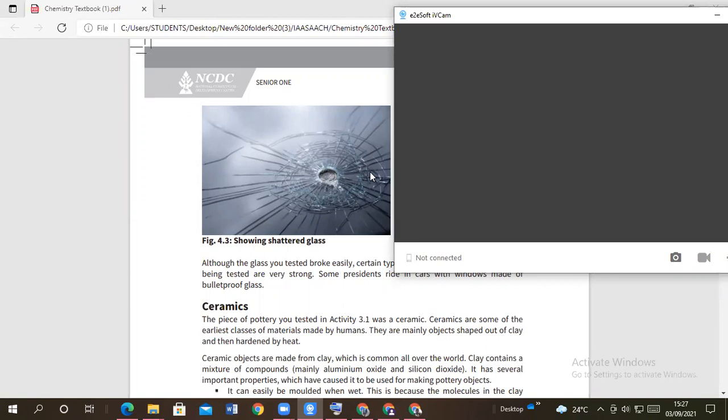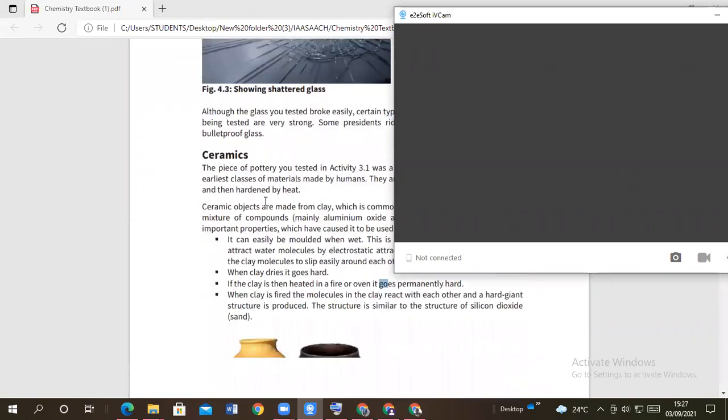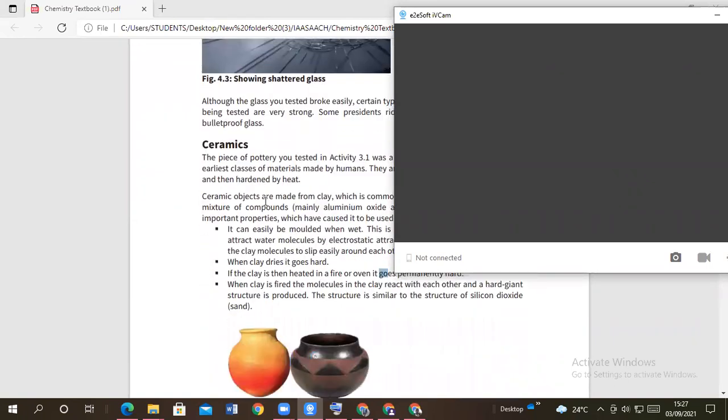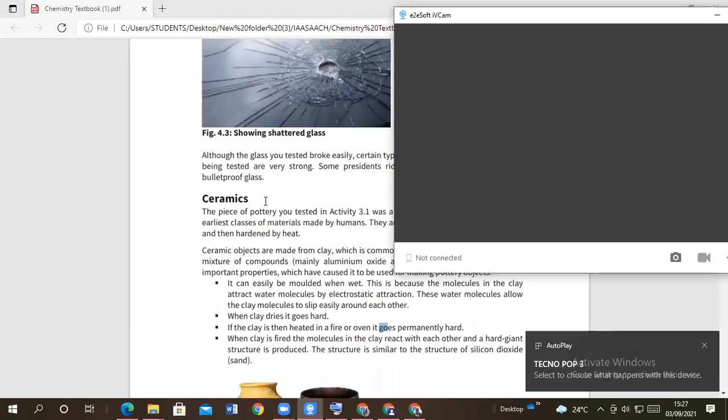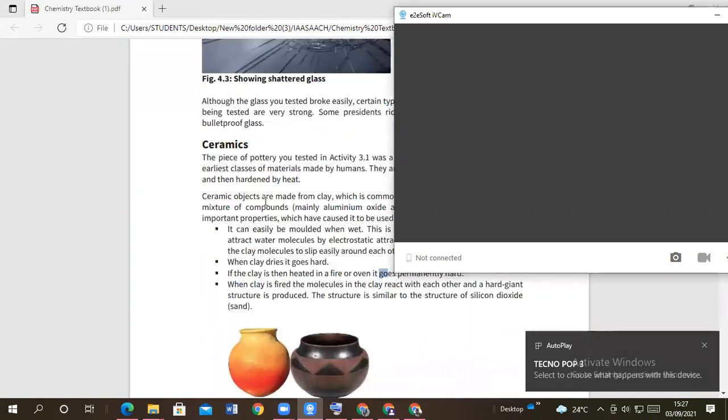When heated, the glass will break into smaller particles. Okay, thank you very much. Those are some of the reasons you should be reasoning with. So when they ask you why they like these materials for making pots, the most important thing is to tell people what happens, okay?